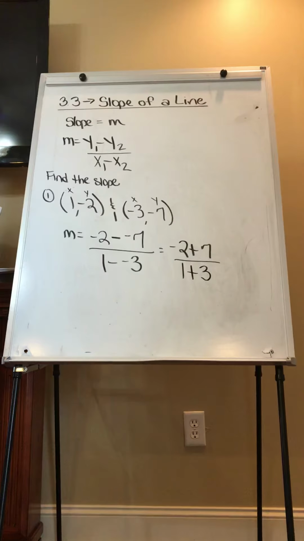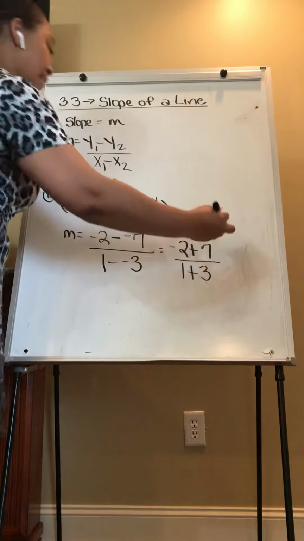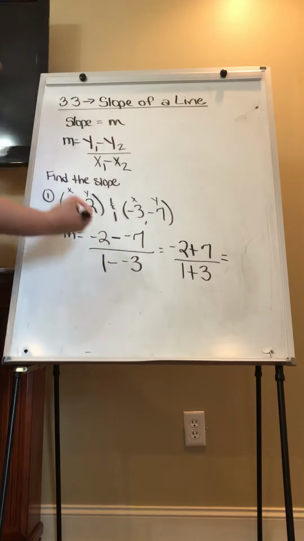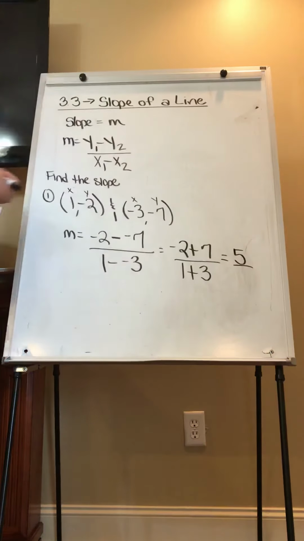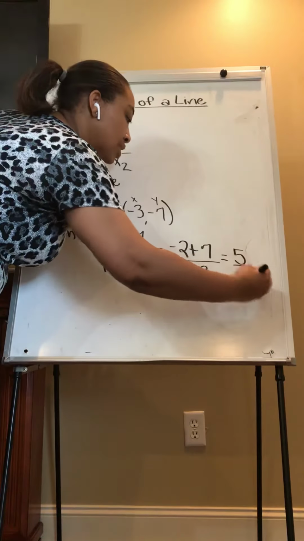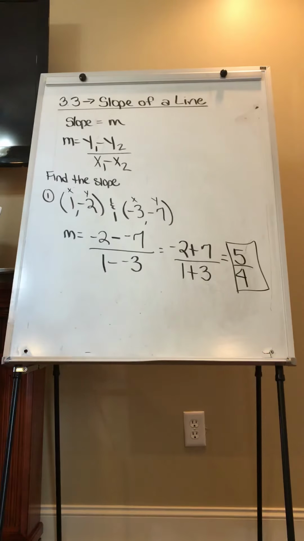So you do your order of operation. You got -2 plus 7 on top, which would give us 5 when you subtract. And you have 1 plus 3 on the bottom, which is 4. So 5 over 4 does not reduce. Keep it as an improper fraction, and your slope would be 5 over 4.